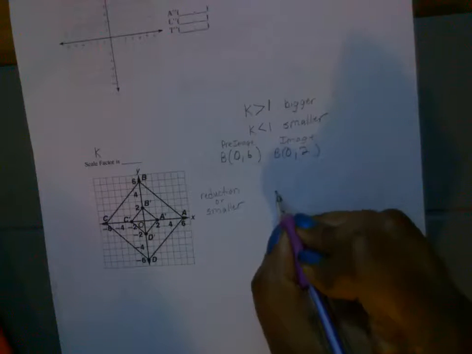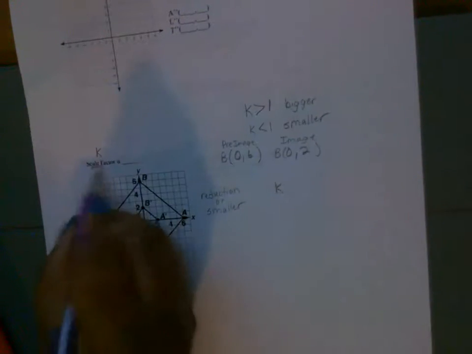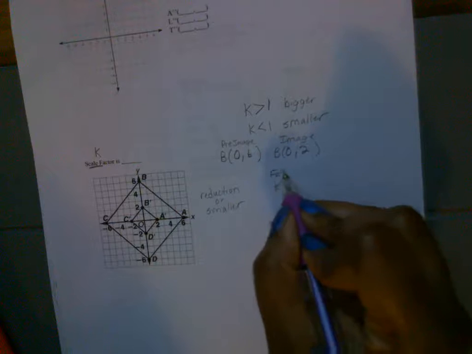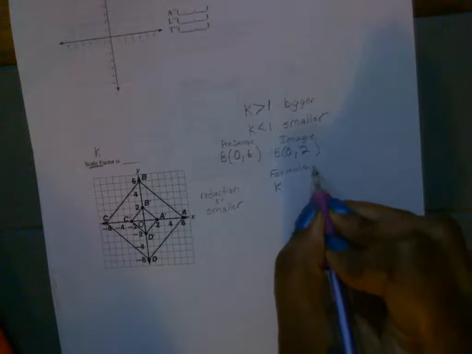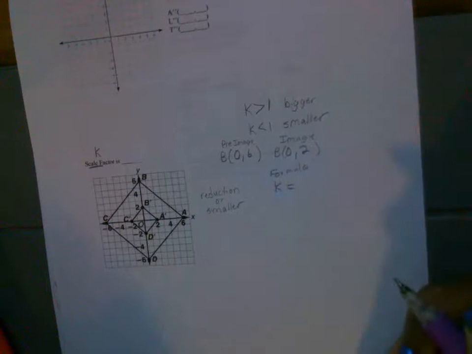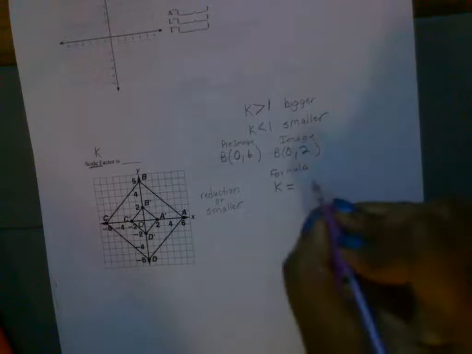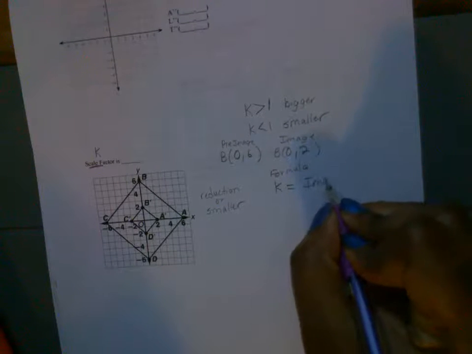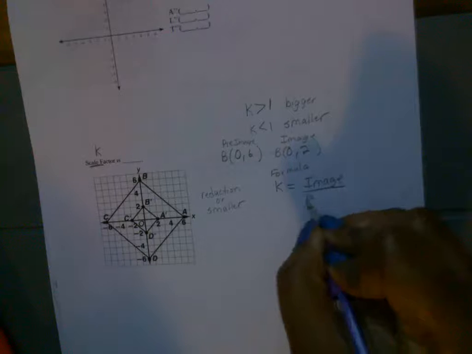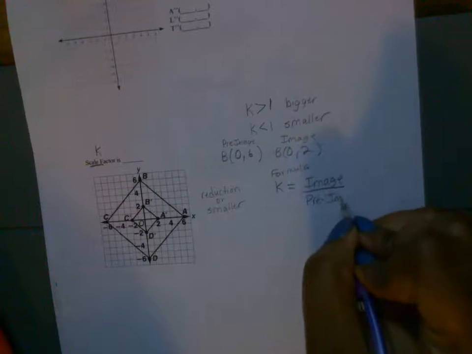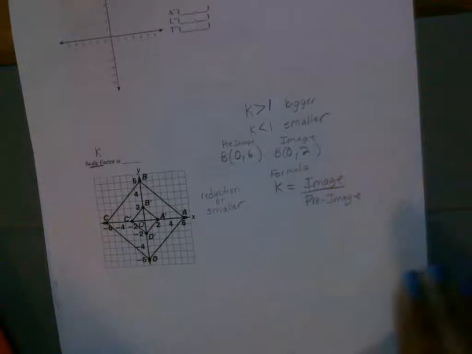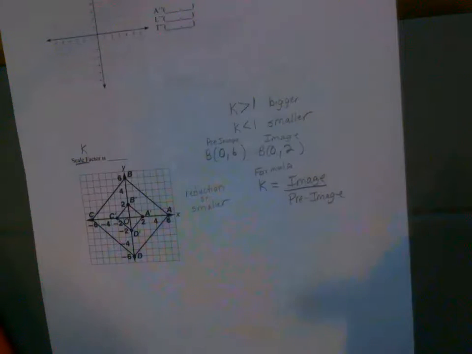This is the formula for scale factor: K is equal to image divided by pre-image. Please make sure you take a picture of this and the video will be on the page, okay?